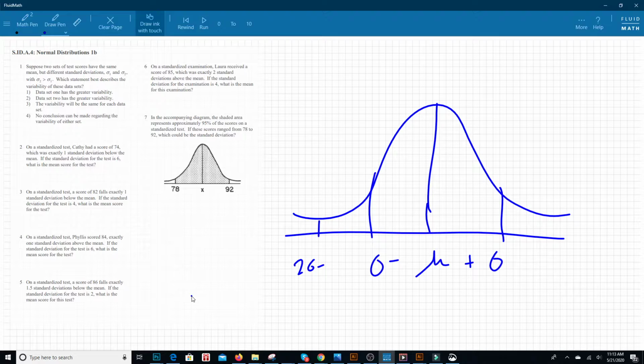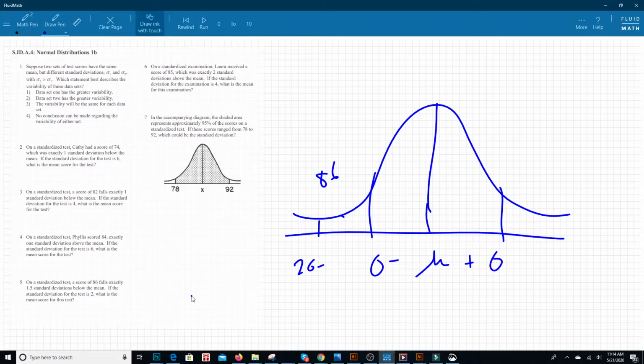If we look at it, it's in between these two areas, and a score of 86 falls right here. If the standard deviation for the test is 2, what is the mean score for this test?